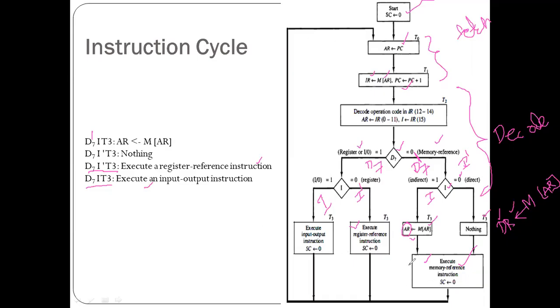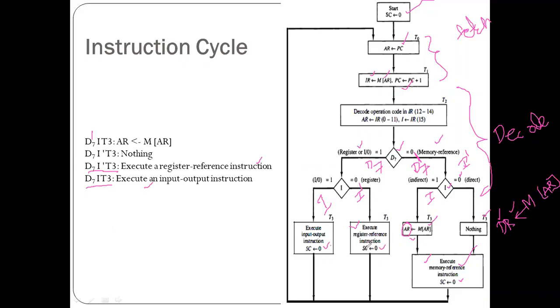After completion of the execution of the instruction, whether it is memory reference, IO reference, or register reference, since one instruction execution is completed, it has to start fetching the next instruction. To proceed, it again needs the same timing sequences T0, T1, T2. So for that, you clear the sequence counter to 0.